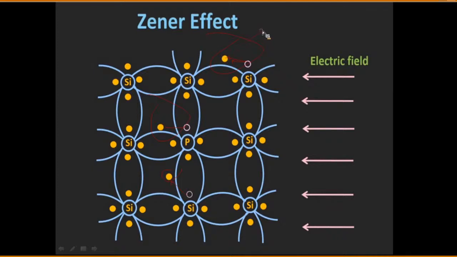That current we are calling the breakdown mechanism. Now that current we are calling the Zener current. The Zener effect is mainly due to the presence of a stronger electric field.